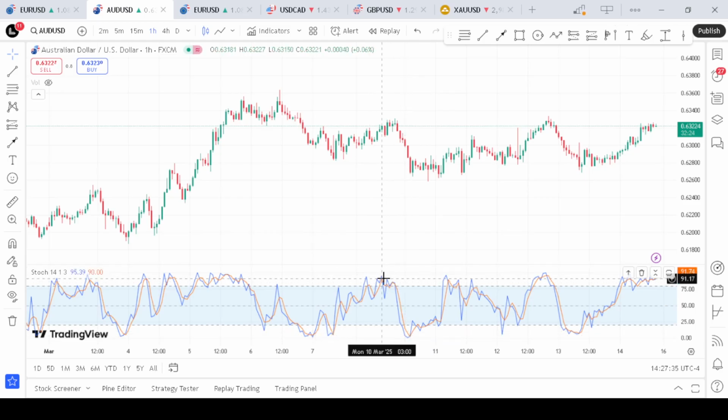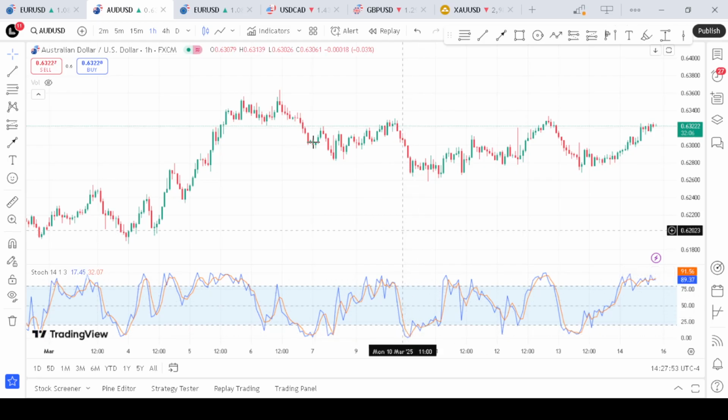It works best when paired with a trend filter and clear entry criteria. When it crosses over around 80, it signals the start of a selling trend. When it crosses over below 20, it means the start of a buy trend.